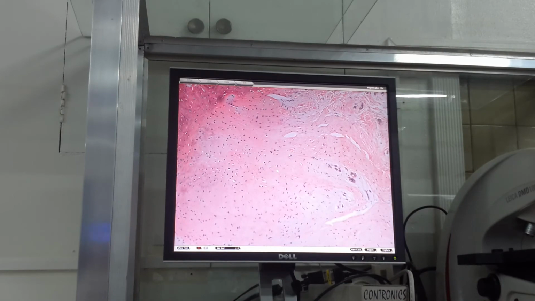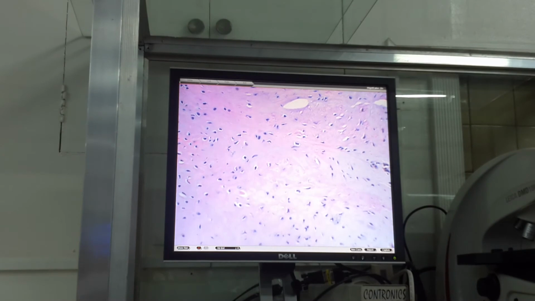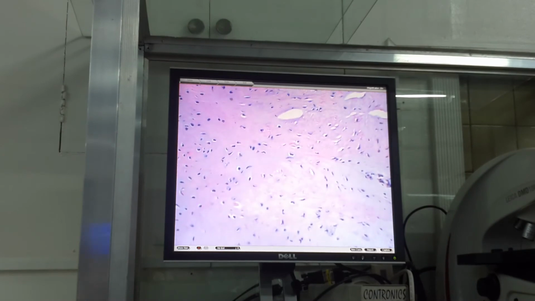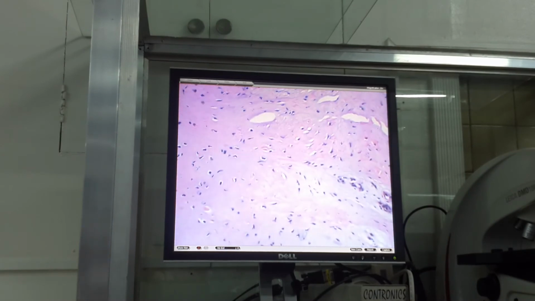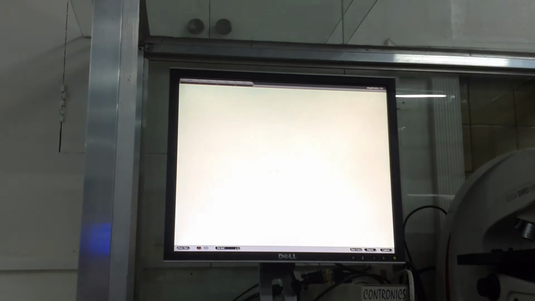Okay, here's another view of the tumor. You have the lacunated cells and it produces this bluish matrix. That's an enchondroma. This is slide number 80. In our laboratory, we don't have the malignant counterpart. Instead, we have this.